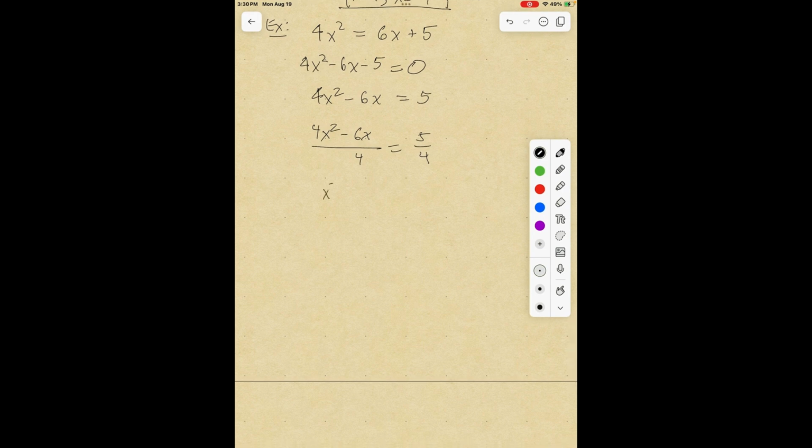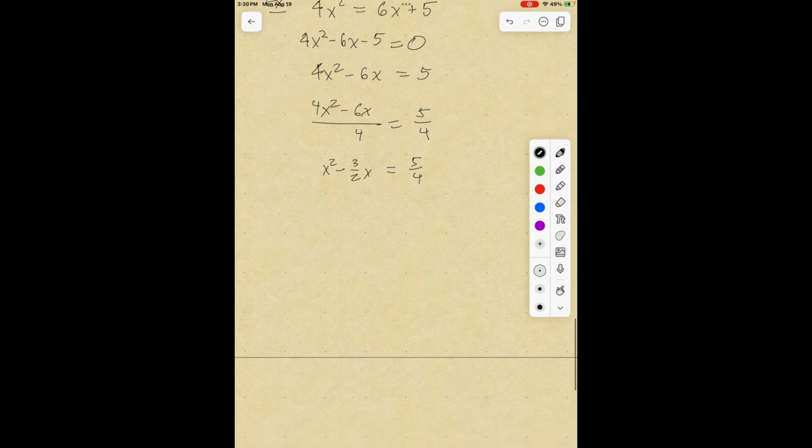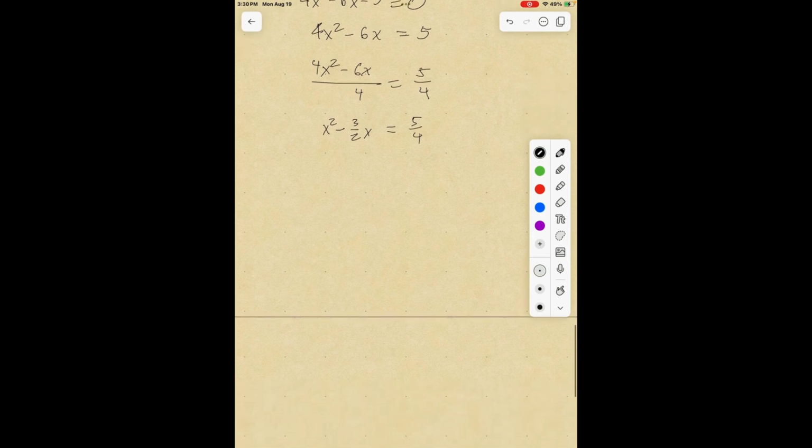So this is going to simplify to x squared minus 6 over 4 x, that's 3 over 2 x, equals 5 over 4. Now I'll complete the square. Before I was just doing algebra. Now x squared minus 3 halves x plus what? Again, you take half of b.